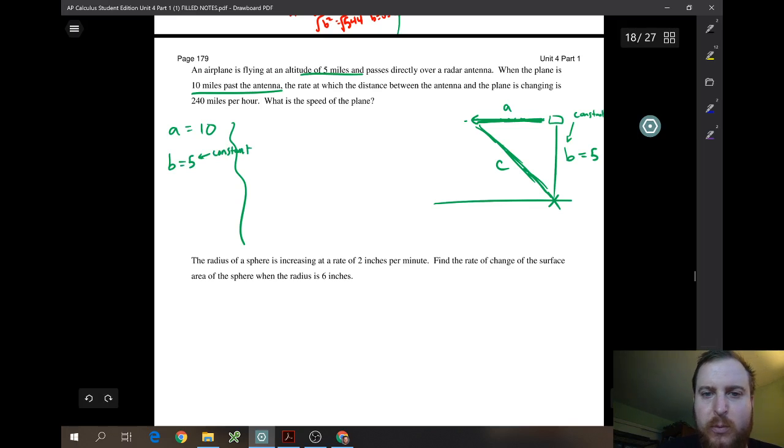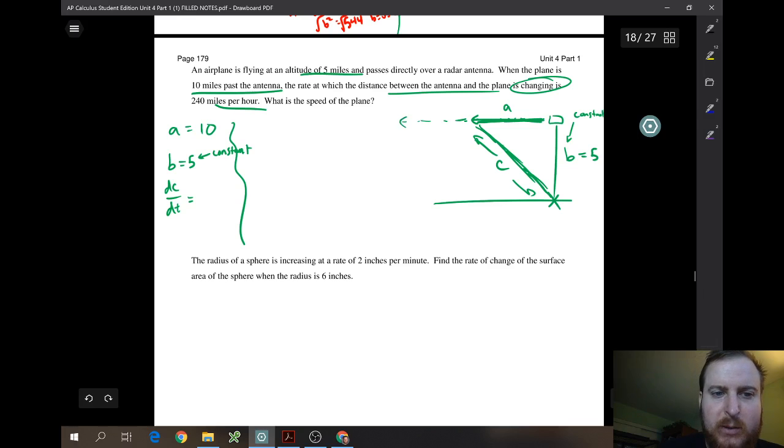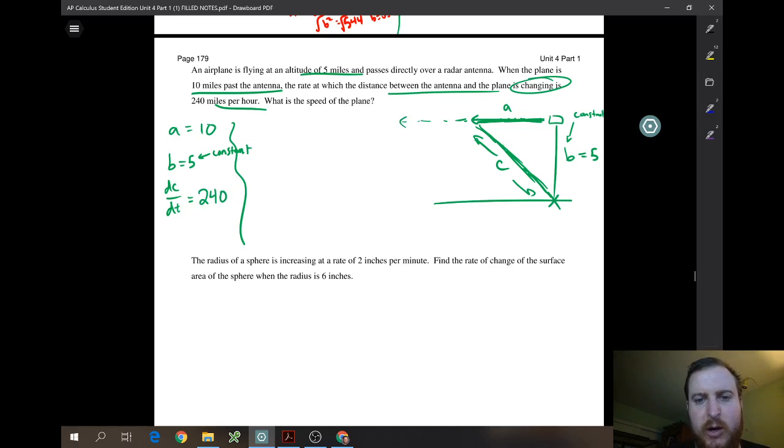C, we don't know, but they did give us the distance between the plane and the antenna. That's going to be the C, but that's in miles per hour, and they use the word changing. So that's a rate. So that's dc dt. Now, is that getting bigger or smaller? Well, we can imagine as this guy goes out, that's getting bigger. So it's positive 240. So those are our givens.